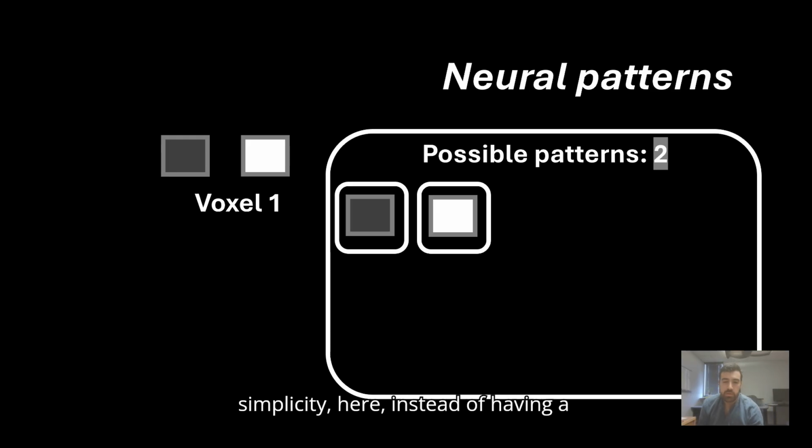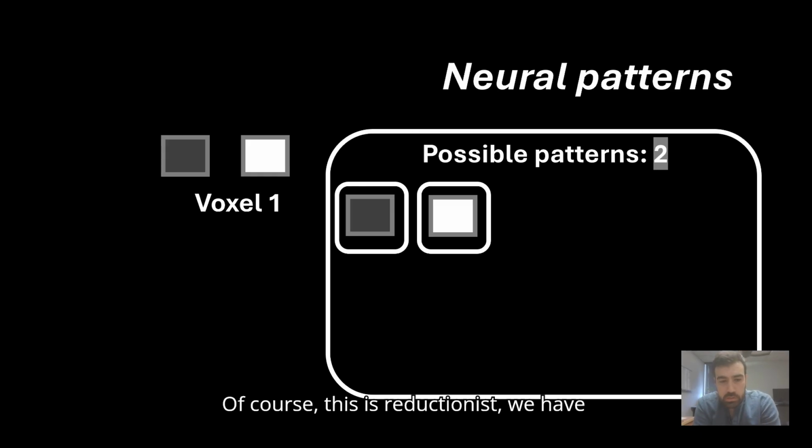For simplicity, instead of a continuous line of values, let's say we have not activated, 0, or activated, 1. So how many patterns do we have with one voxel? With one voxel, in a univariate approach, we could have only 2 patterns, 0 or 1, no activity or activity.